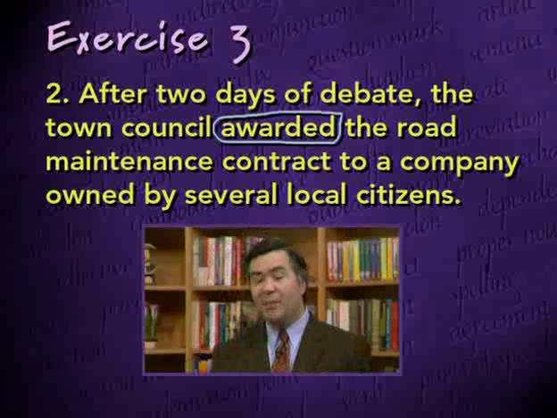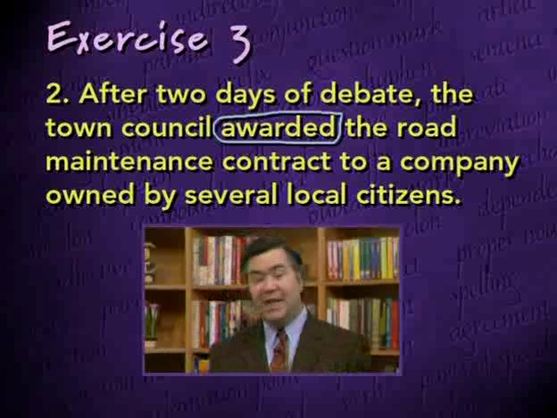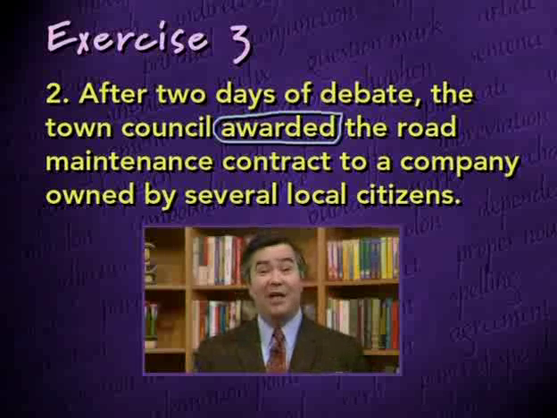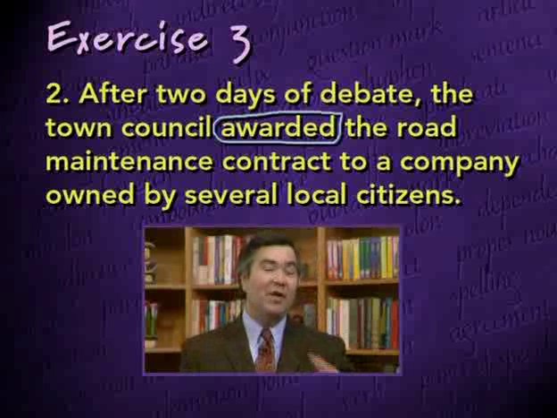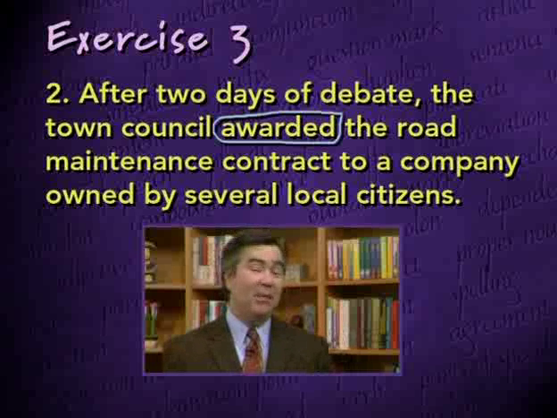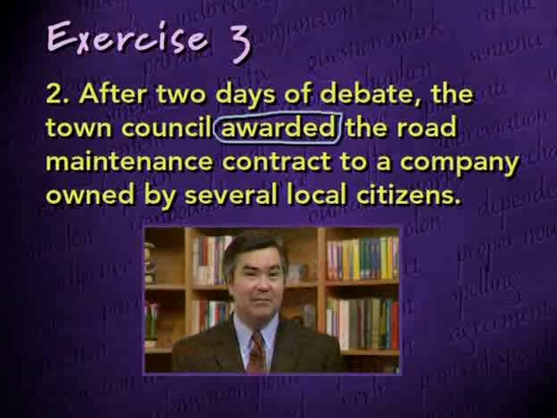So in this case, company is not an indirect object. Instead, it's part of the prepositional phrase to a company, and therefore it is not, grammatically speaking, an indirect object, even though it answers the same question and conveys much the same meaning. From a grammatical standpoint, it's not an indirect object.